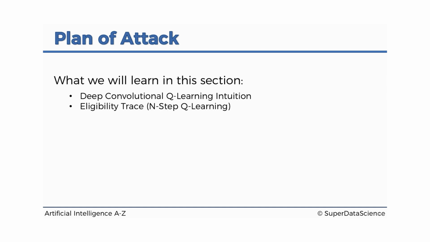And then we'll talk about eligibility trace, or n-step Q-learning, a very powerful addition to the whole concept of deep Q-learning, and we'll talk about the intuition behind that. It's quite a complex topic, but nevertheless, we'll break down the intuition in quite simple terms, and then I'll give you some additional references where you can read up about eligibility trace if you'd like to go into more detail.